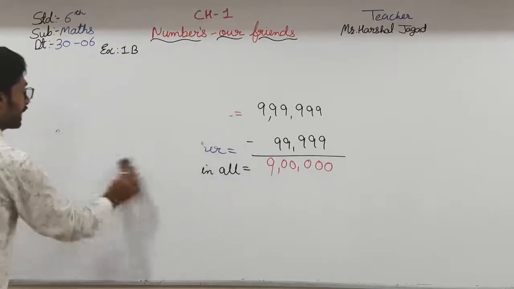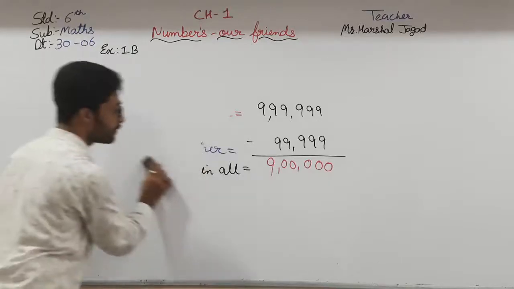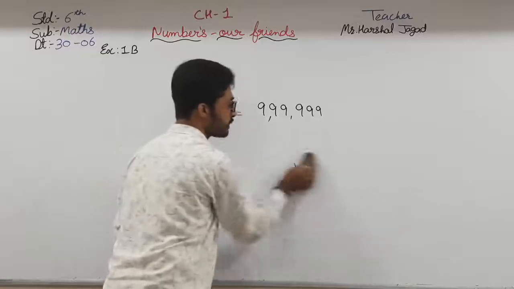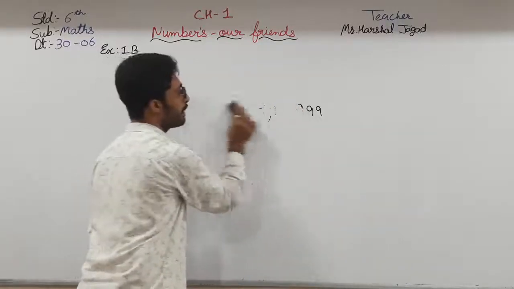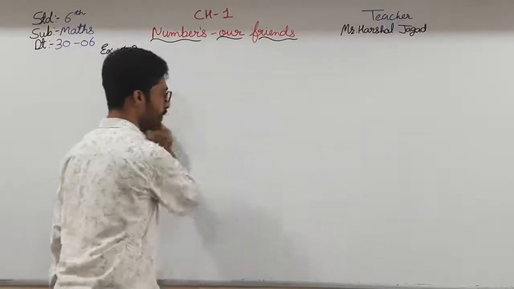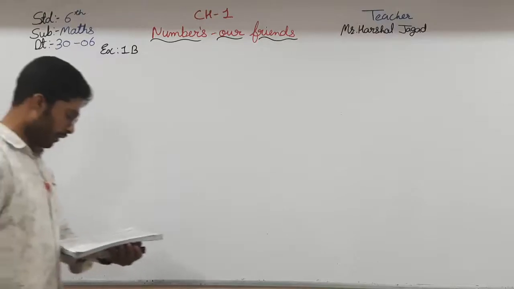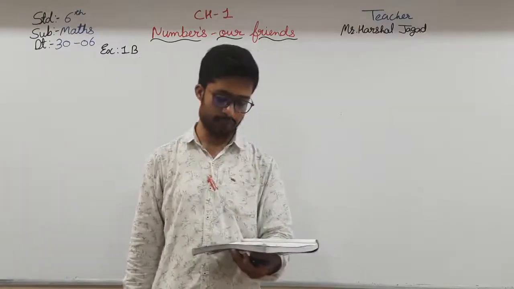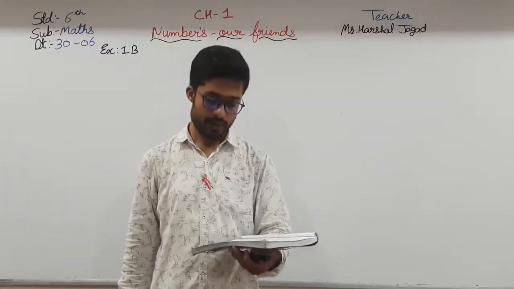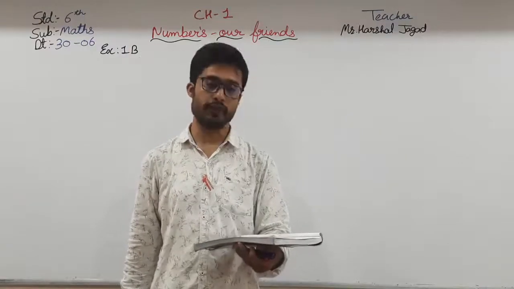If you are not getting the time, students, to write down what is written on the board, just pause your video and then write. Question number 5: write all 3-digit numbers that can be formed using 4, 5, 6 without repetition of digits.